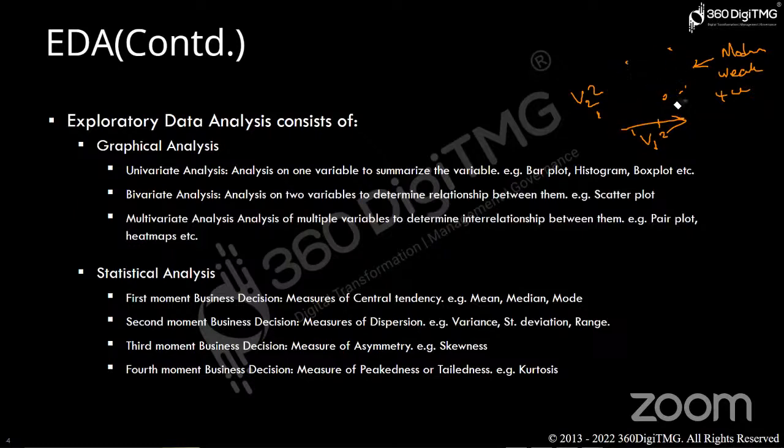Suppose we have a relation like this. With an increase in v1, from 1 to 2, you can see v2 decreases from 2 to 1.